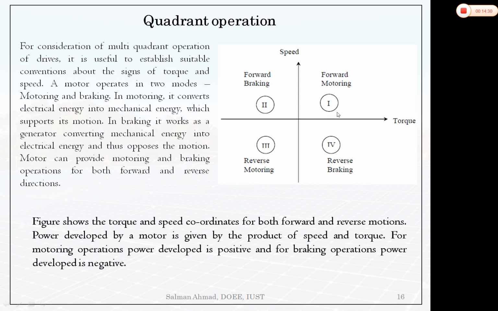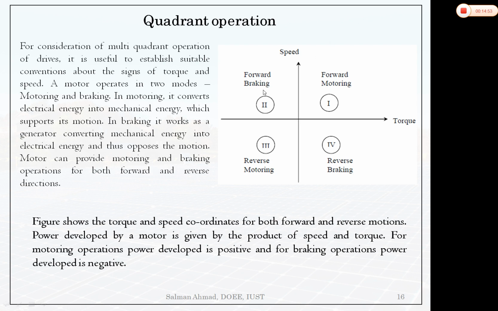The first quadrant operation is called forward motoring. Since speed is positive, it is forward, and since speed and torque are in the same direction, we call it motoring operation.